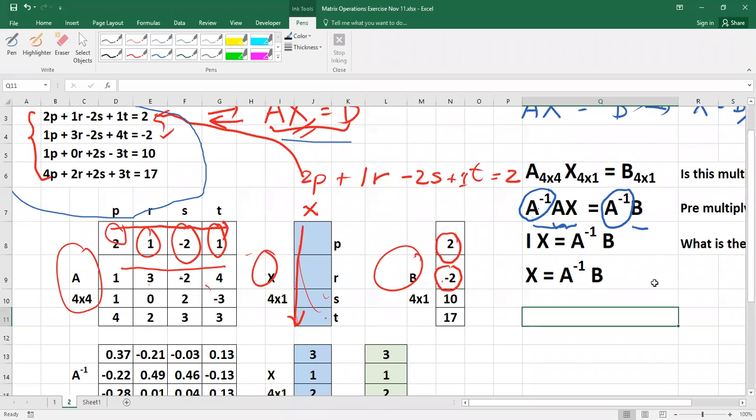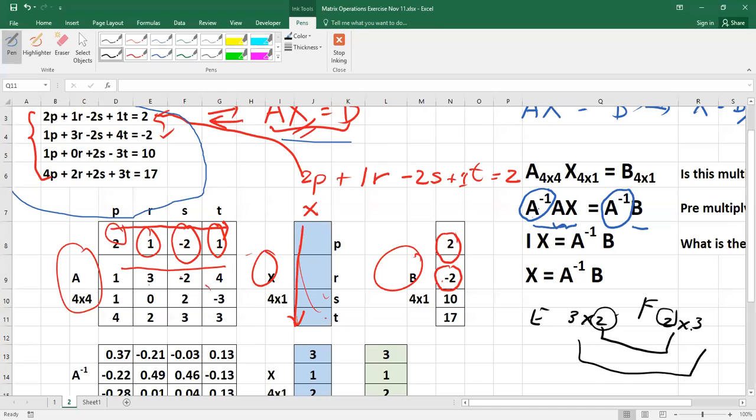We said that matrix E is 3 by 2 and matrix F is 2 by 3. So are they multiplicable? Yes, they are. The column of matrix E is the same as the row of matrix F, and the resulting matrix is 3 by 3. So we expect a 3 by 3 matrix.